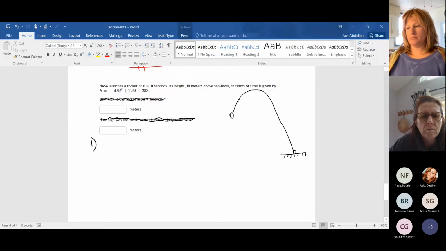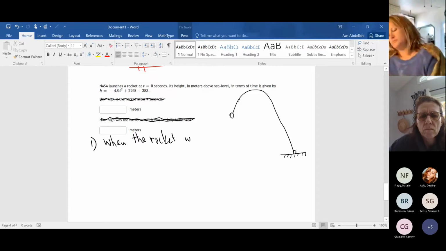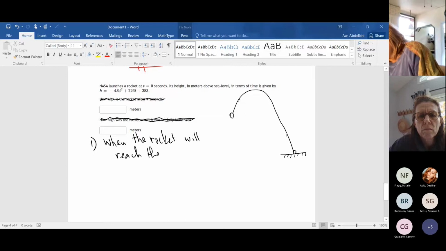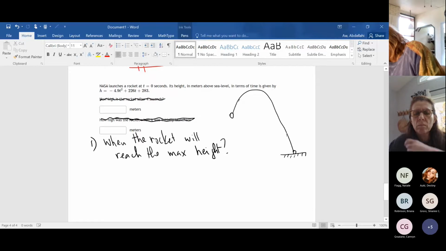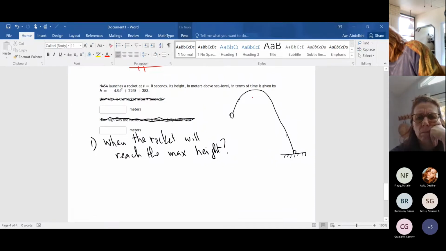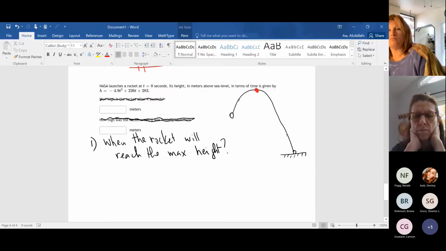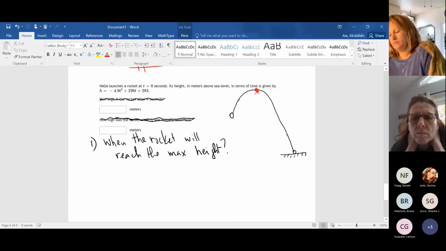First, when will the rocket reach the maximum height? That is the first question I'm going to ask. When will the rocket reach the maximum height? Means here, when, after how long will the rocket be here? That is the maximum height, right?